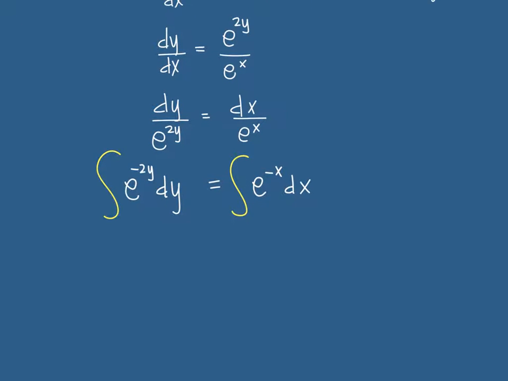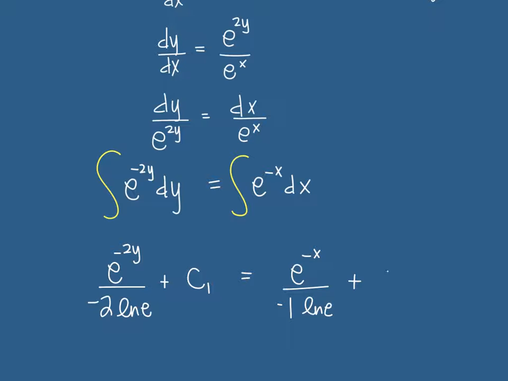When we integrate e to the negative 2y, we get e to the negative 2y divided by negative 2 and ln e, plus the first constant. When we integrate on the other side, we get e to the negative x divided by negative 1 and the natural log of e, plus the second constant.